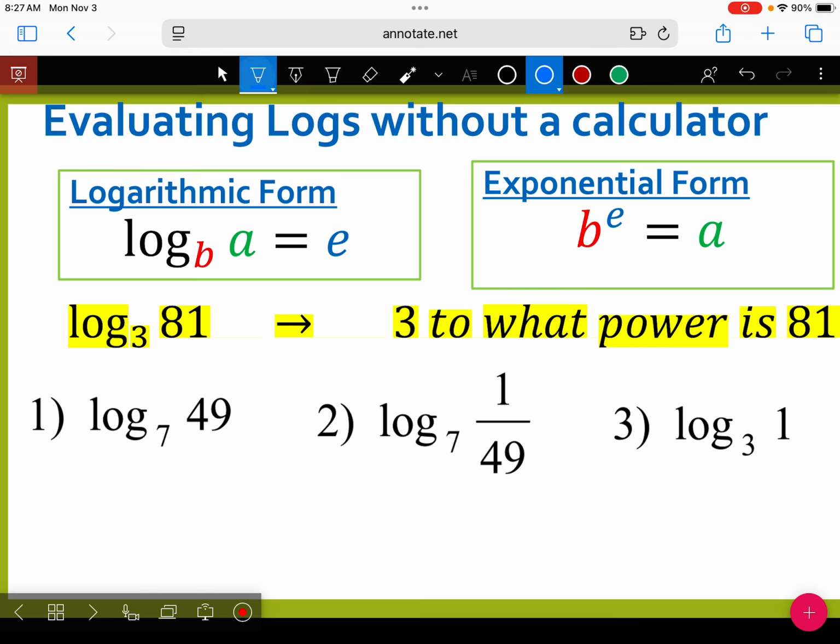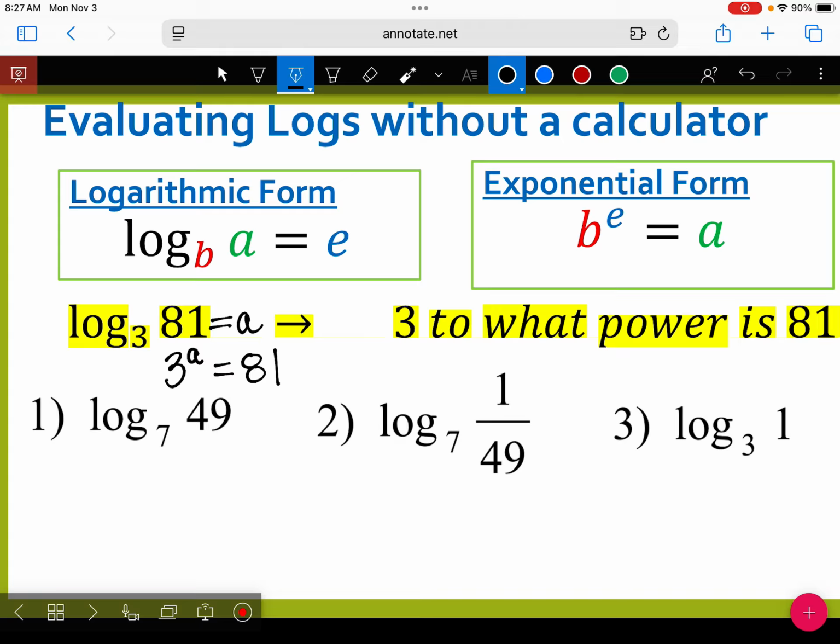If I were to do a rewrite, this would be 3 to the power of a equals 81. And then you would just have to figure out, what is the exponent that I can attach to a base 3 to get 81?